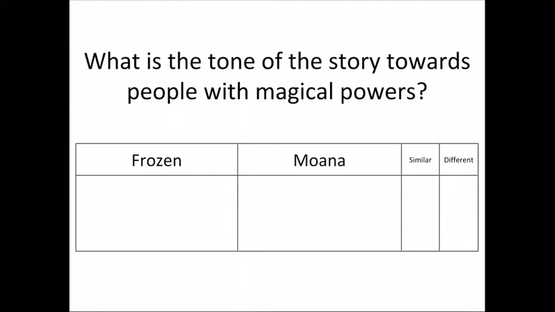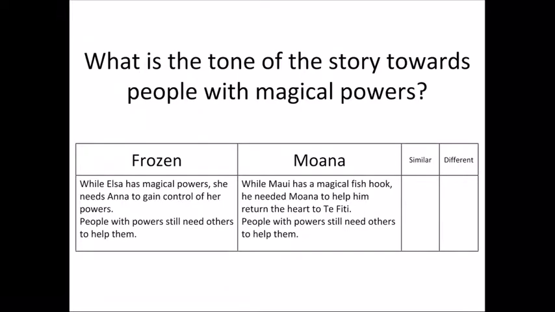All right, let's see what I was thinking. I believe that in Frozen, while Elsa has magical powers, she needs Anna to gain control of her powers. So, I believe that the tone of this story towards people with magical powers is that they still need others to help them.